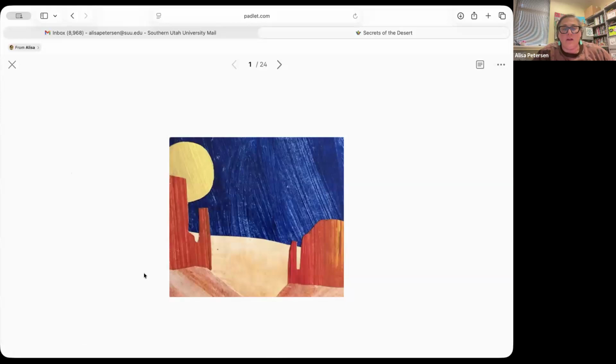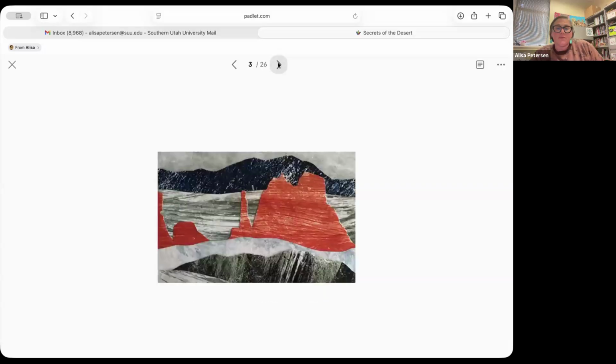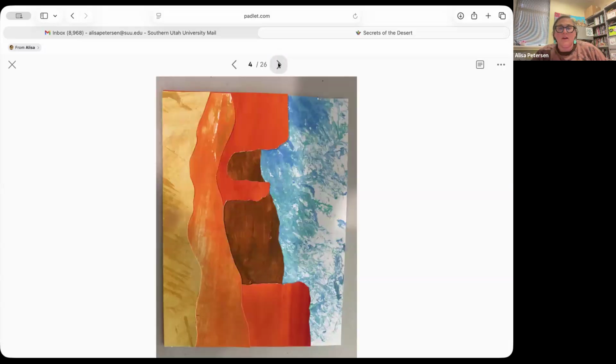Now, this was made quite a long time ago by a teenager. I love this, the mittens at Monument Valley and Delicate Arch. But let's see what you guys have made today. So this beautiful piece, I think it was called Flames Upon Flames, and I love the intense colors that we see there. And you know, when I have students making these papers, I often look at the paper and think, nope, that's too messy.